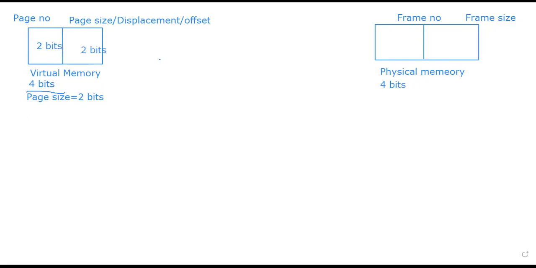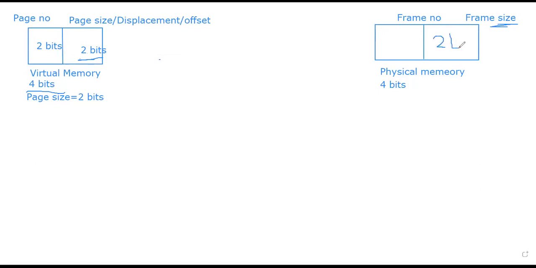In the last class, I already told you that the page size is equal to the frame size. So if the page size is 2 bits, the frame size will also be 2 bits.